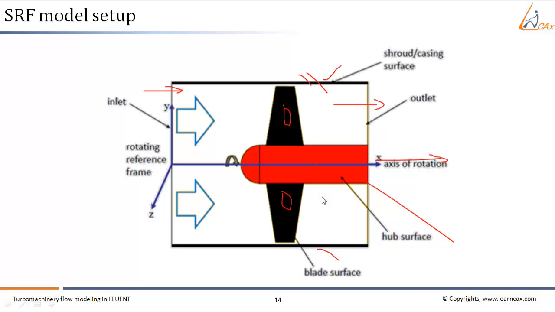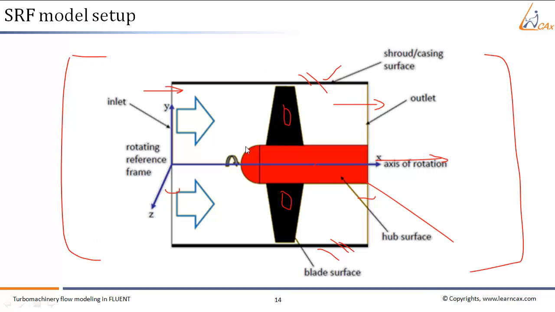So these surfaces are surfaces of revolution as well as inlets and outlets. So this is how we divide the entire problem into a moving reference frame problem. So this is our moving reference frame or moving domain.